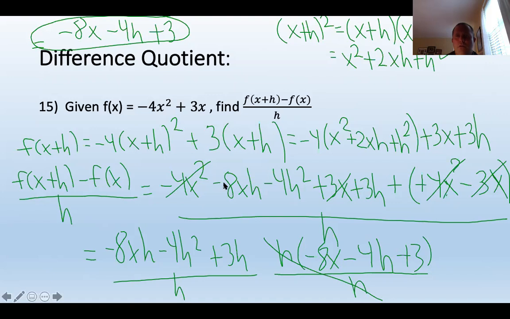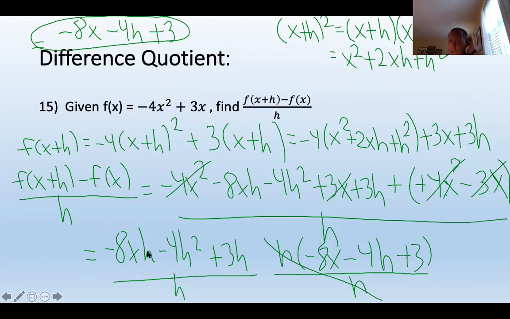And so then we're going to try to combine like terms. Now we see that -4x squared and +4x squared can cancel out, and -3x and +3x cancel each other out. So all we would be left with is -8xh minus 4h squared plus 3h, all over h.